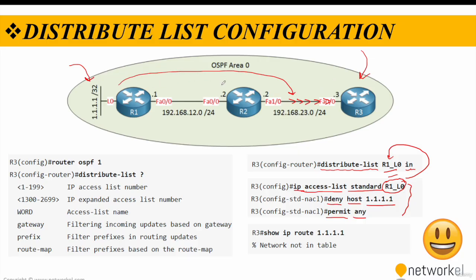Whatever routes come from this direction, including this network with this subnet mask, will hit router 3 in this direction. So my distribute list will filter out 1.1.1.1, deny it, and permit anything else. If I go to router 3 and type show ip route 1.1.1.1, I won't see anything in my routing table, because I am denying it by using my distribute list.